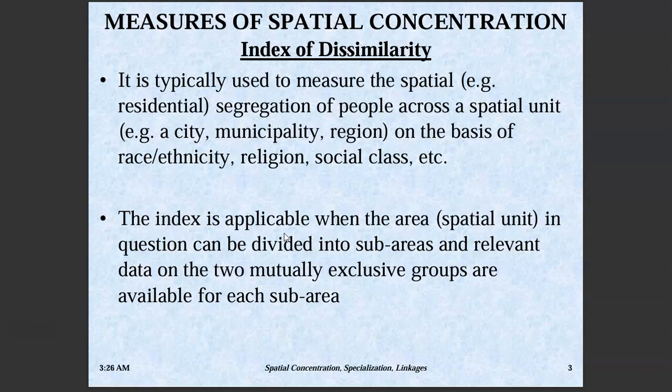Going back to the blacks and whites, if we are using the colleges as our sub-areas, at each of the colleges, is the distribution of blacks and whites the same across all colleges in KNUST? That's what the index of dissimilarity does.